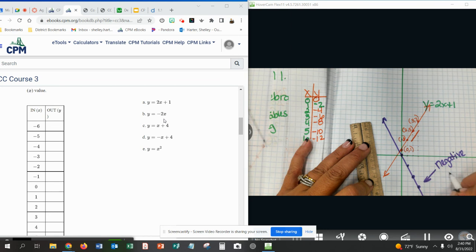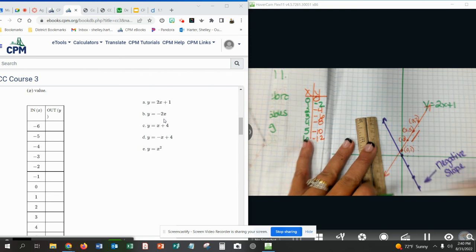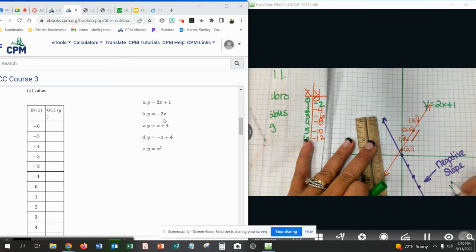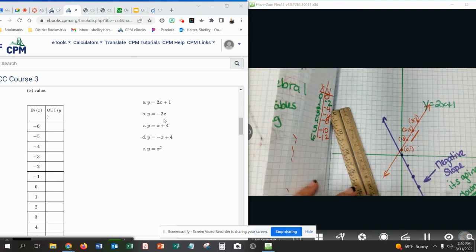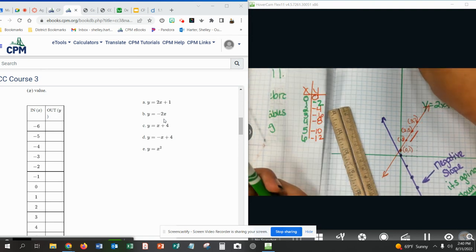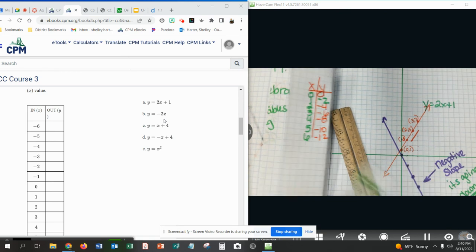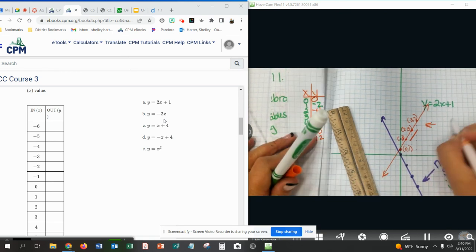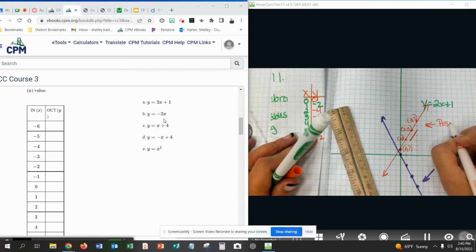It's going down. So what does it make this slope? Positive slope. Why? Good.